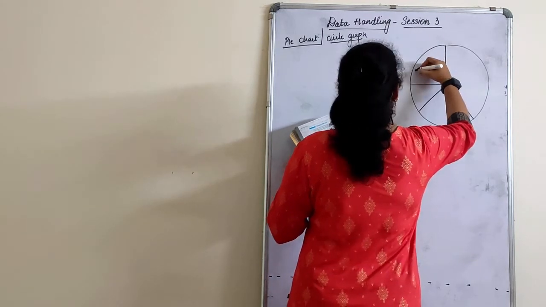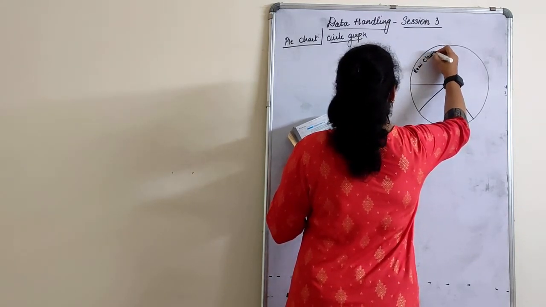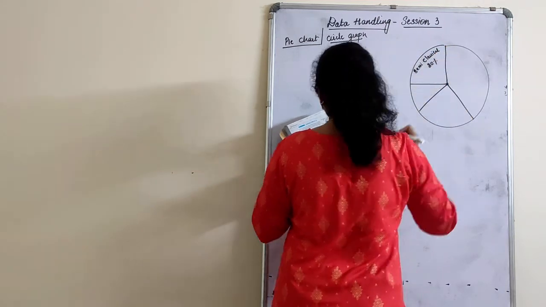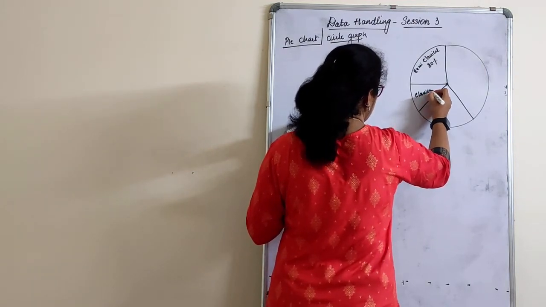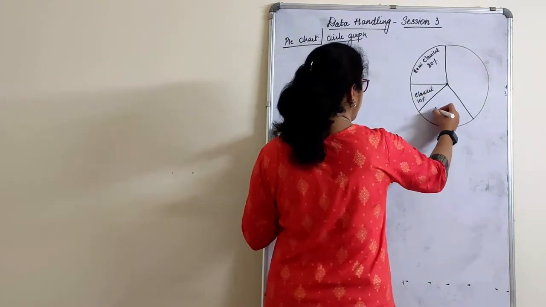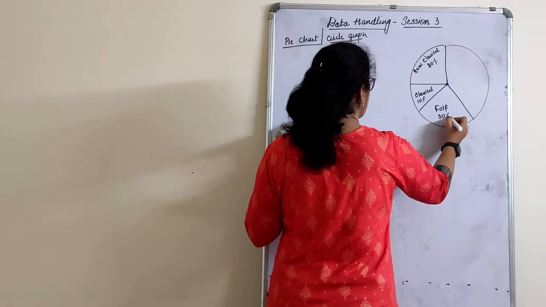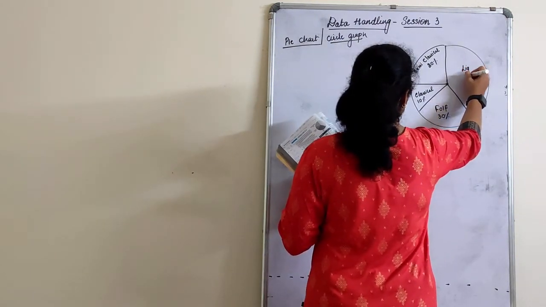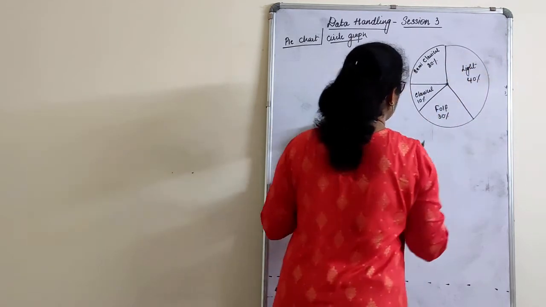This is semi-classical, which is 20%. It's given in terms of percent. Classical is 10%, folk is 30%, and this is light music, which is 40%.